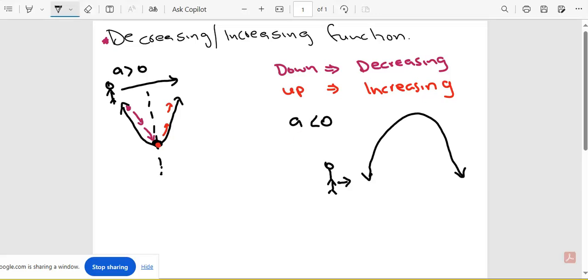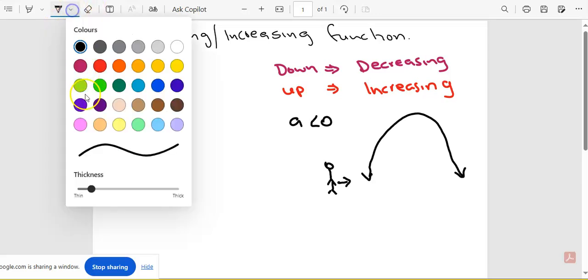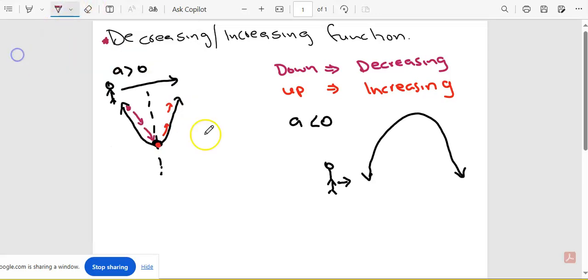So the moment you start going uphill, can you see that from this point, you'll start going up until you reach that point? So when you go up, we said it's increasing.